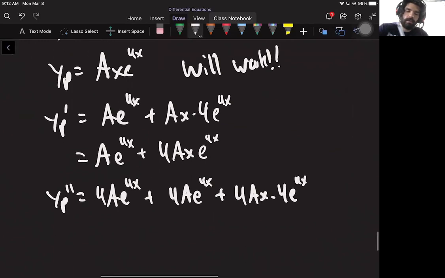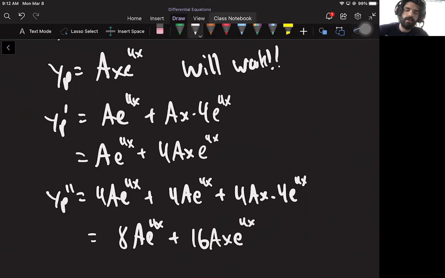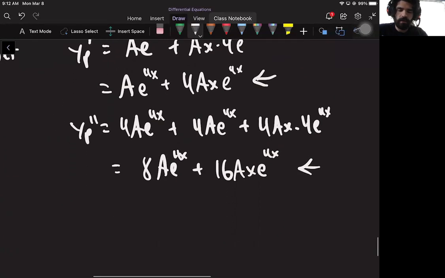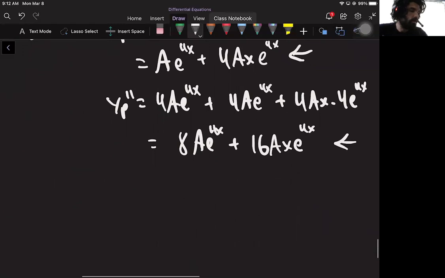So we end up with 8a e to the 4x plus 16ax e to the 4x. So now we got to plug these three into the differential equation and solve for a, and it gets very big very quickly.